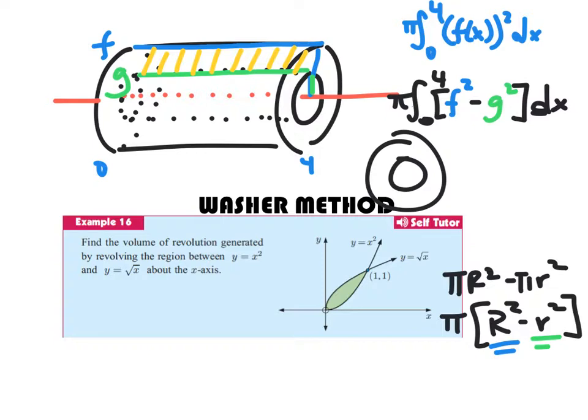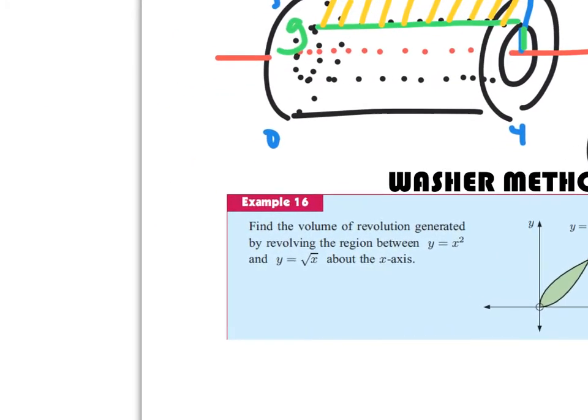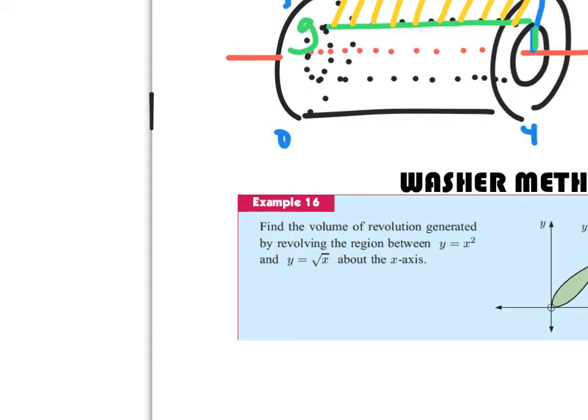Now, just an FYI, I don't think we do any shell method in today's notes. But a shell method is just taking two functions, let's say we've got f and g.